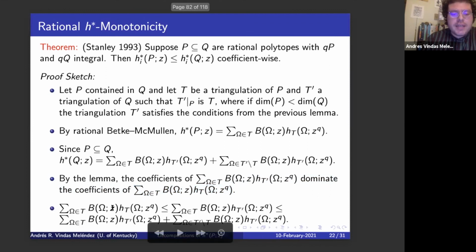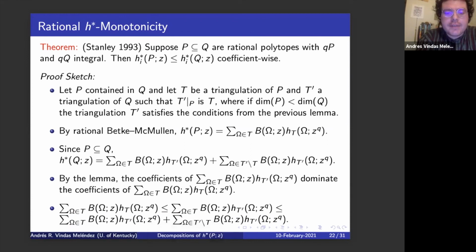And now putting it all together, I get my desired inequality saying, okay, well, this is the stuff coming from P, and this is the stuff coming from Q. So it's very wordy, but it really is just following all the appropriate steps and making sure that I have the right inequalities. Okay. And so this gives a different proof of Stanley's monotonicity theorem.